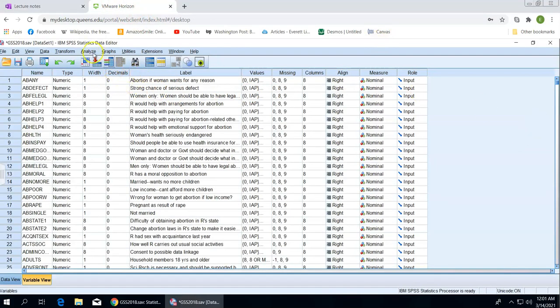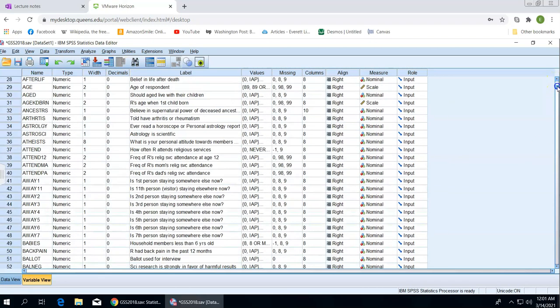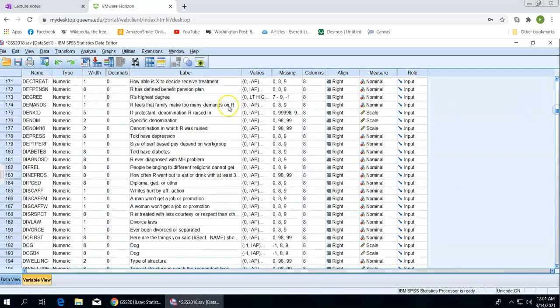In our SPSS data set, the two variables we're looking at here, and these are alphabetized by variable name, so by name, not label.